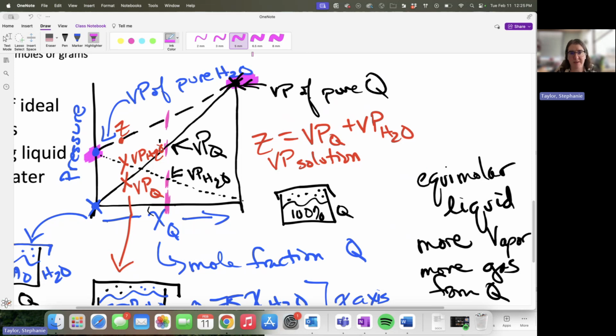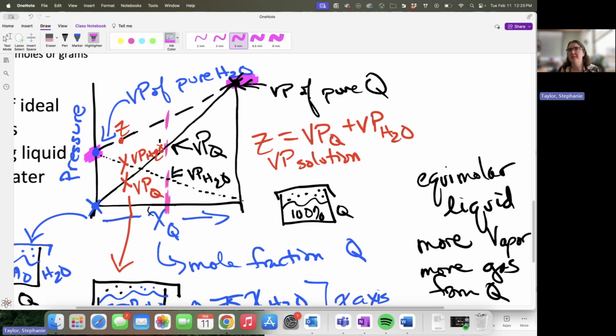Because Q has a higher vapor pressure overall, it's going to be overrepresented in the mixture. So no matter how many moles of the liquid of Q I have, that liquid gives off so much gas, I'm just going to see more of it in the vapor phase.